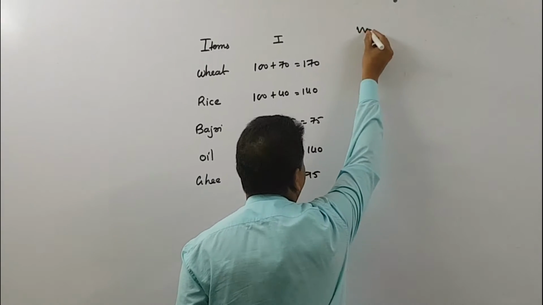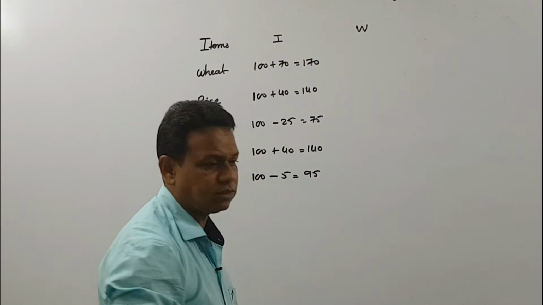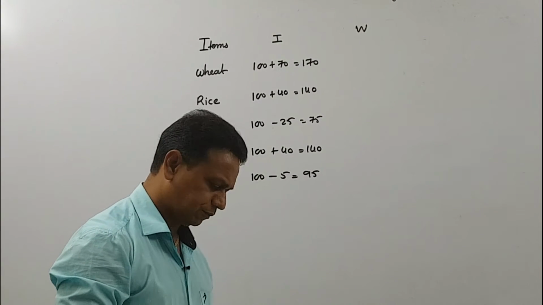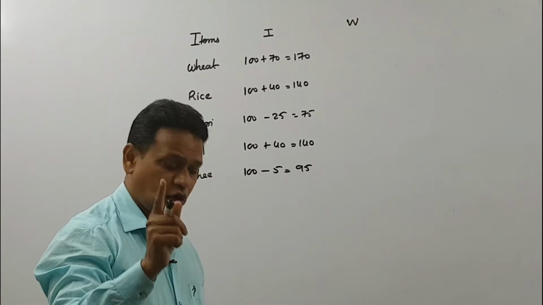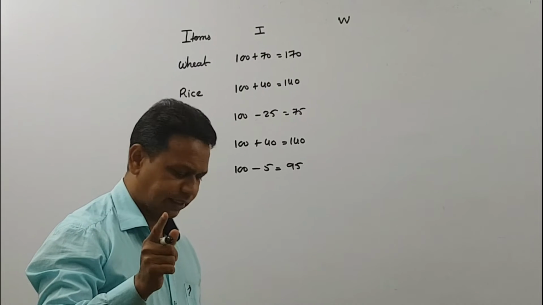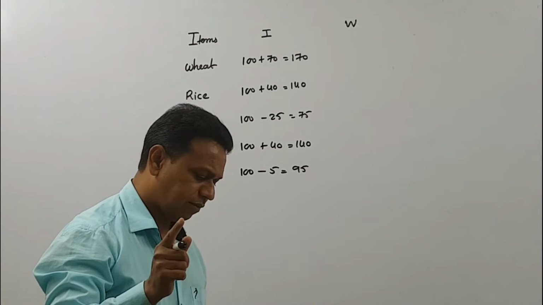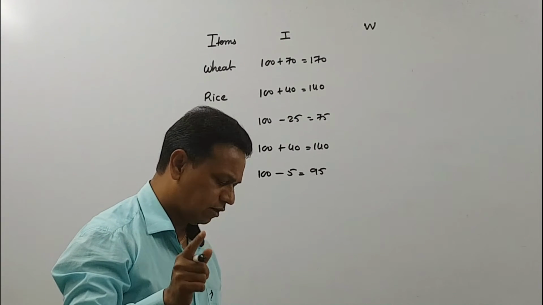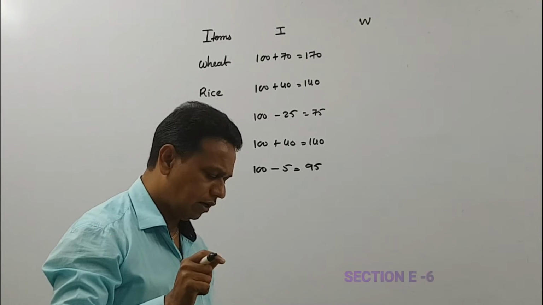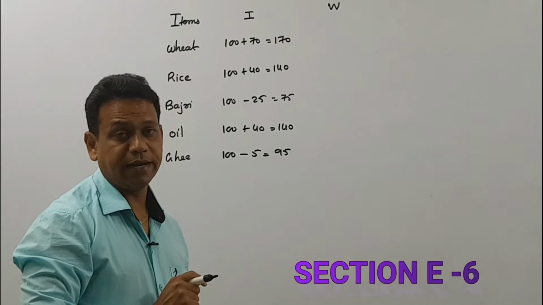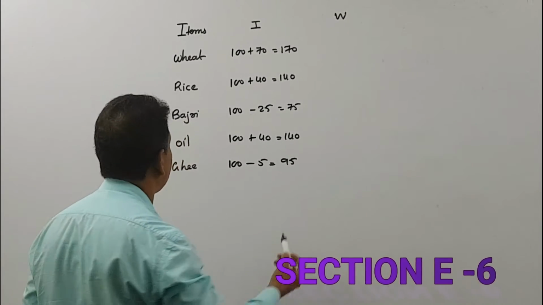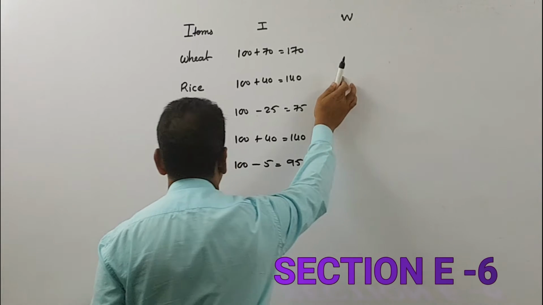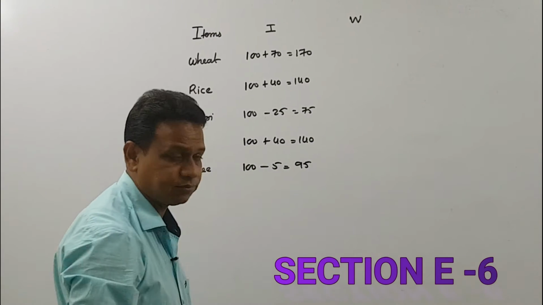Now we have to find out the importance, that is W. If the importance of oil is 3 times and of rice is double that of ghee, my dear friends, they have given the importance of oil and rice in comparison to ghee.